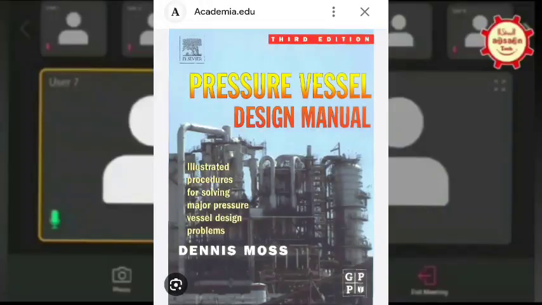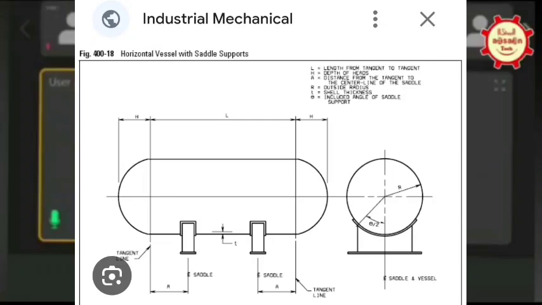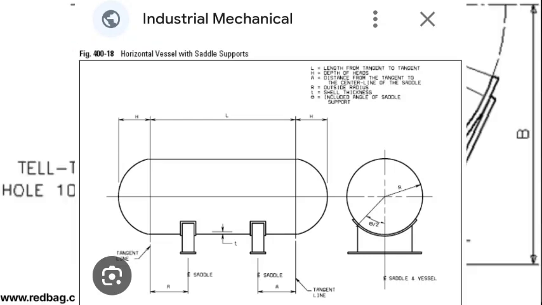Yeah, I'll tell you that. There is a direct criteria given for that in the Dennis Moss book itself. The saddle should be placed from the tan line at a distance of 0.2 times TL or 0.5 times the radius, lesser of the two. Because your dimension A, that is the distance from the tan line to the saddle, should be as small as possible.